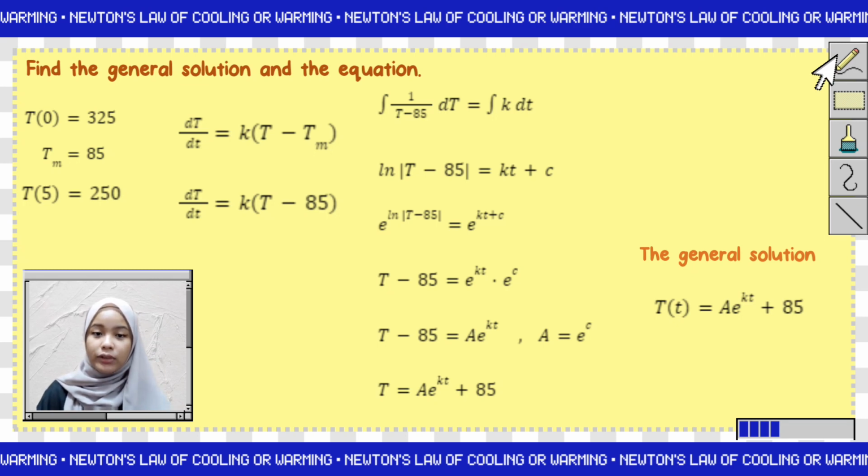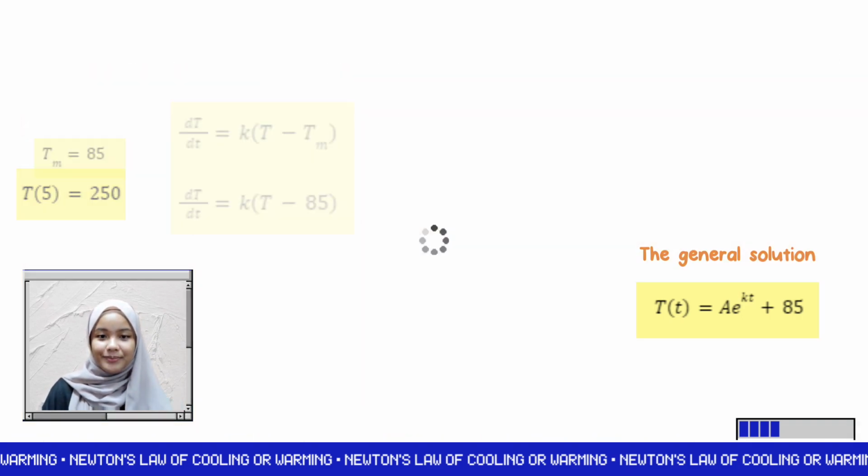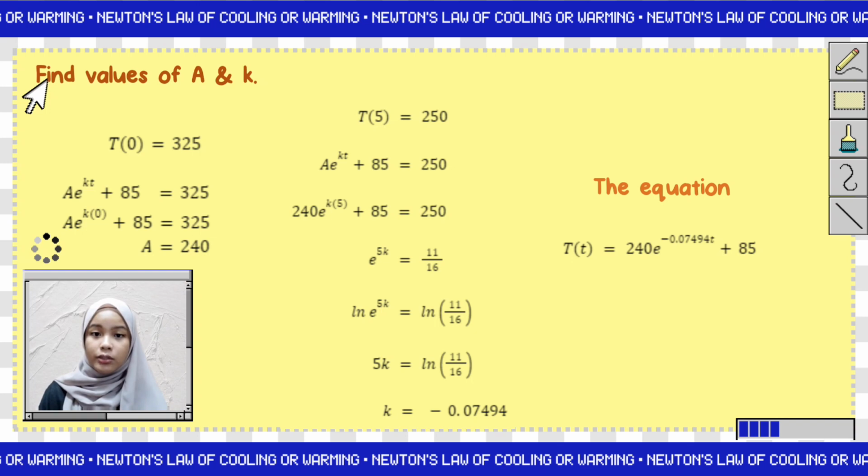After that, we have T - 85 = e^(kt) times e^c. Since the operation between kt and c is addition, we can separate it. Then we change e^c to a constant variable, A, and bring the negative 85 to the right side. Finally, we got our general solution, T = Ae^(kt) + 85. We found the general solution.